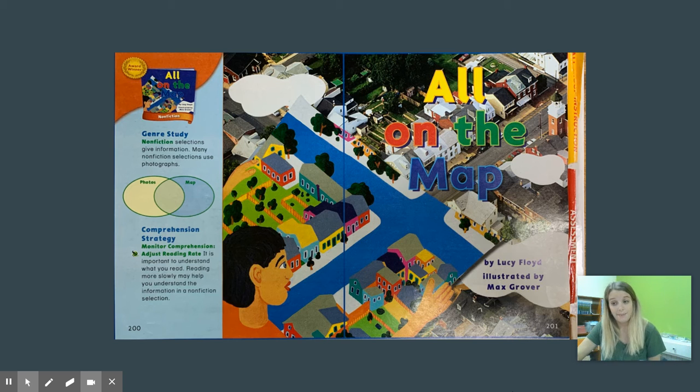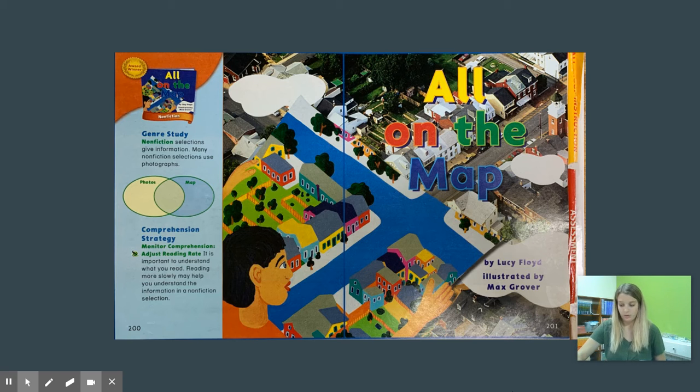This selection is about maps. You can tell maybe your neighbor or your friend or your family member about a time that you or your family member used a map to find a place. And I want to remind you that nonfiction selections give information.